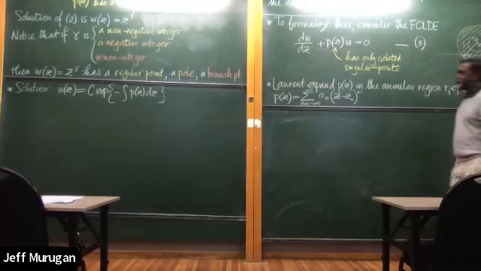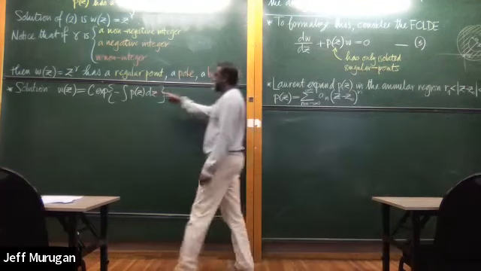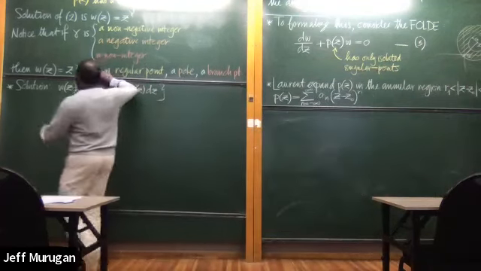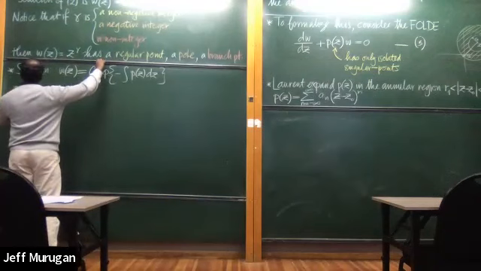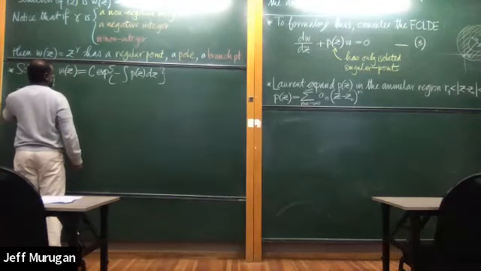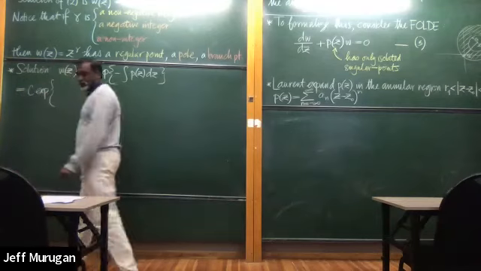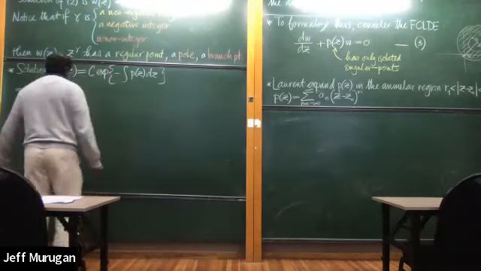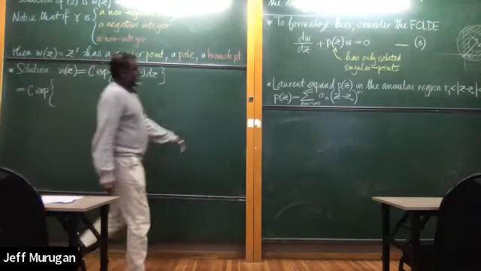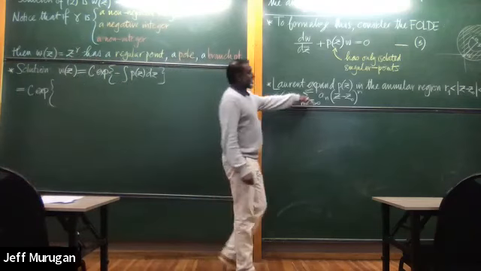So now we substitute this Laurent expansion into here, and we'll find that this is equal to this constant c times the exponential, which I'm going to split up into three parts. This sum goes from minus infinity to infinity.